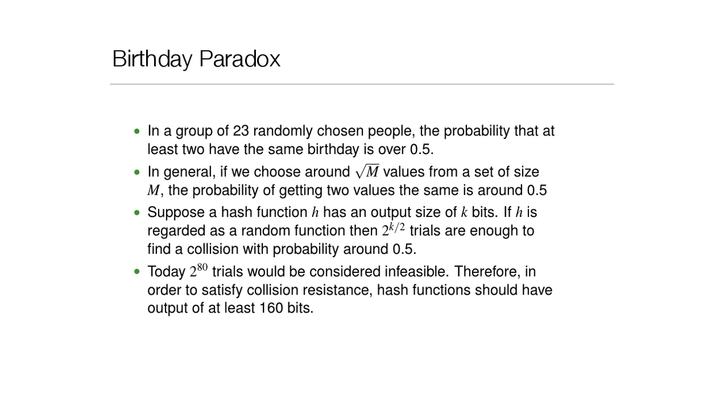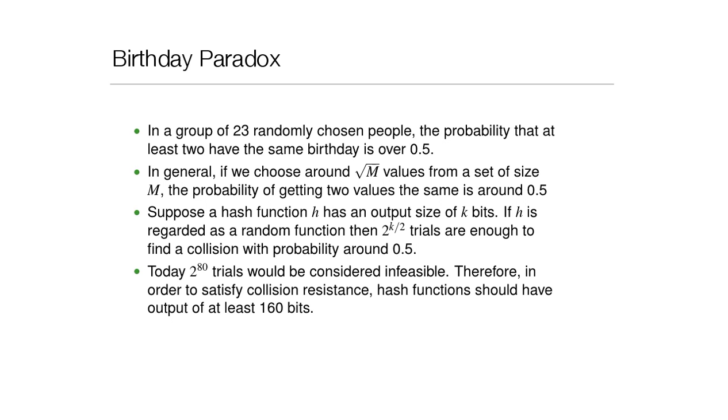Suppose that a hash function h has an output size of k bits. If h is regarded as a random function, then 2 to the power k divided by 2 trials are enough to find a collision with probability around 0.5. Today, 2 to the power 80 trials would be considered infeasible. That is kind of a brute force that is infeasible.